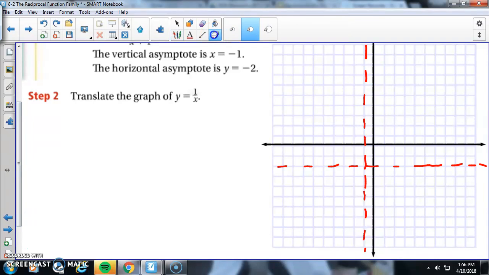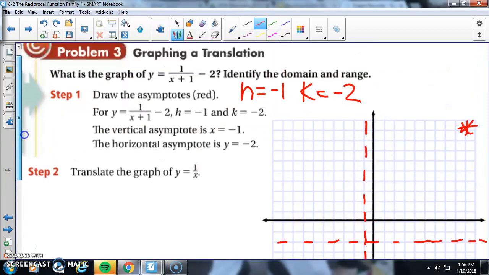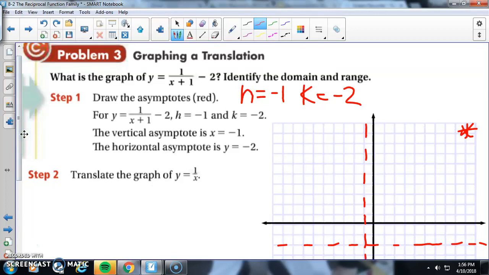Since nothing is reflected, I know that it's going to be in the first quadrant up here and the third down here. I know that if I have the parent function y is equal to 1 over x, I can translate those points to the left 1 and down 2. So I'm going to think about what points I have for here.